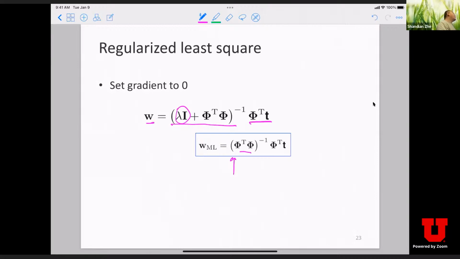What's the effect from a numerical perspective? Any thought? Any idea?